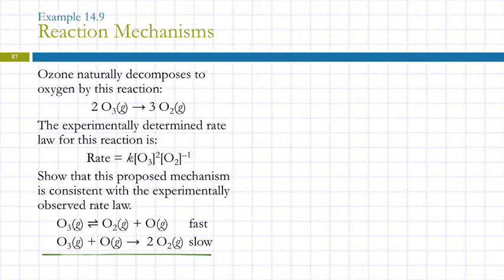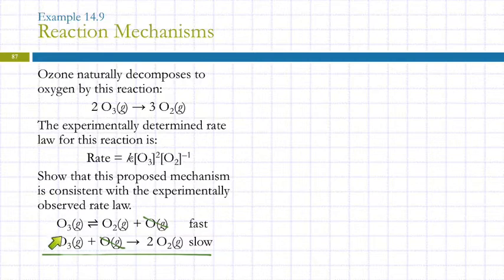So here we've got ozone over here, and we've got O2 and oxygen, and then we've got ozone reacting with oxygen atoms. So this oxygen atom that gets produced here is going to get used up there, so we can cross that guy off. And those are the only things we can cancel out.